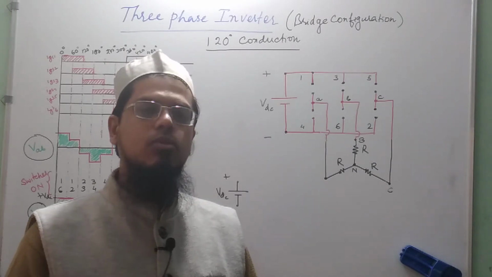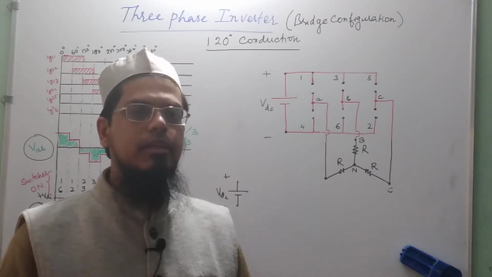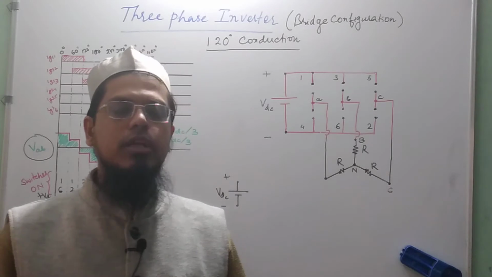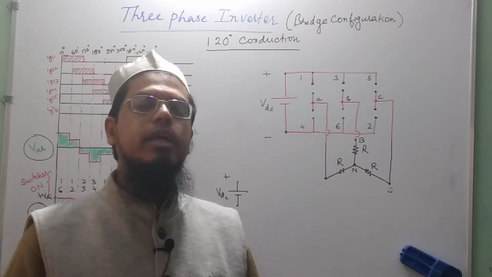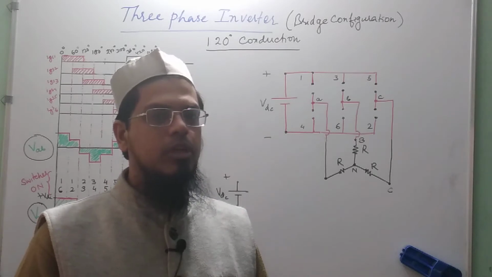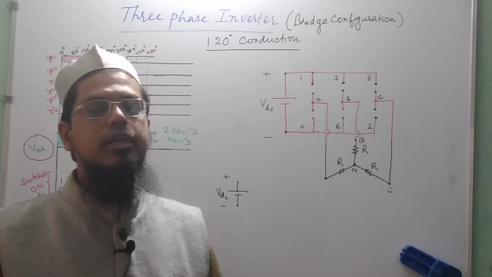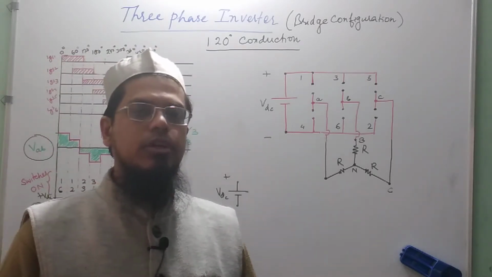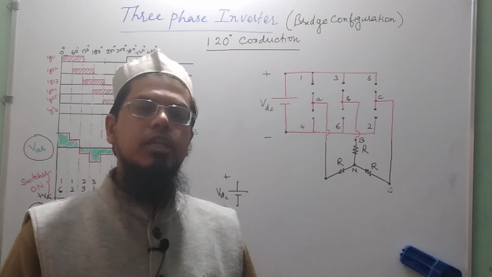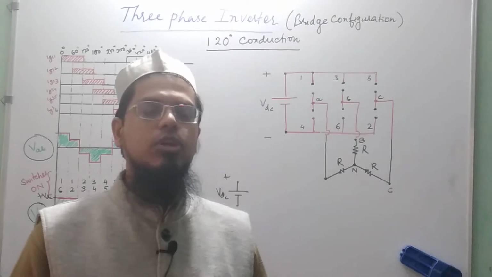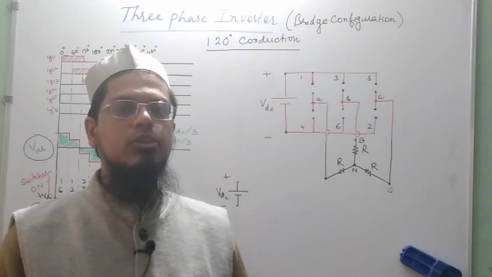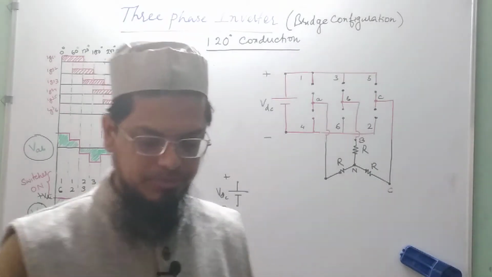There is one more difference: in 120 degree mode of conduction, in every step only two switches conduct at a time, while in 180 degree conduction three switches were conducting in each step. So let us start looking into the operation of 120 degree mode of conduction of a three-phase inverter.